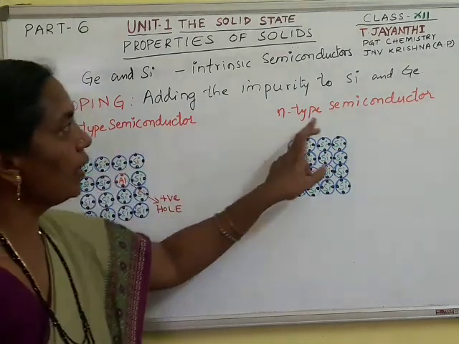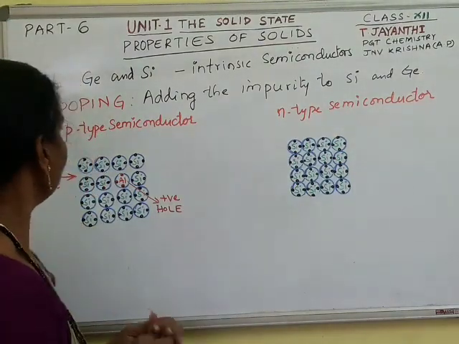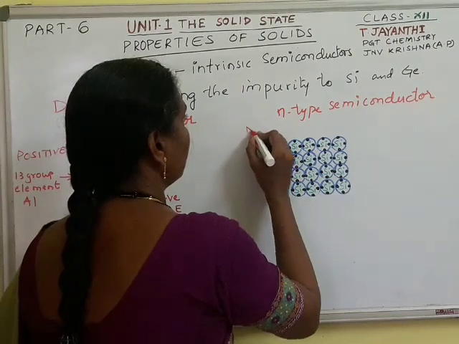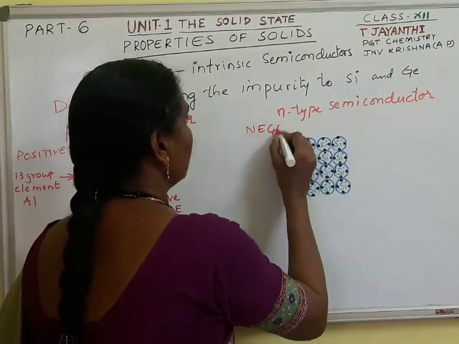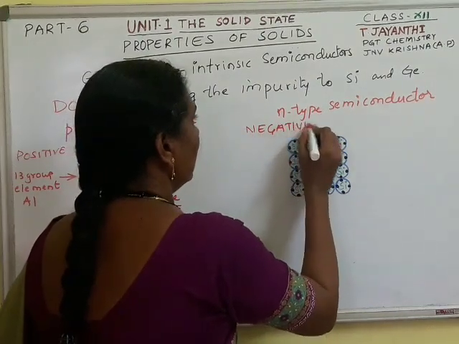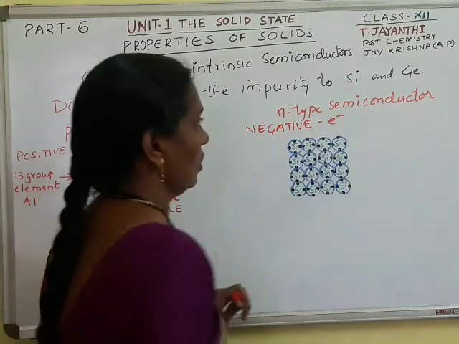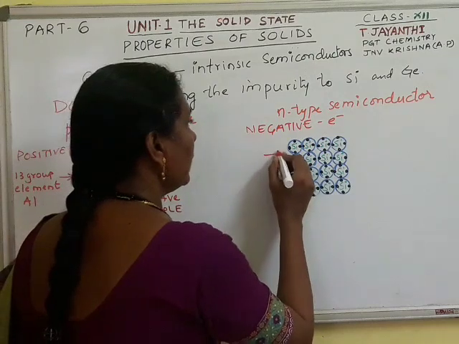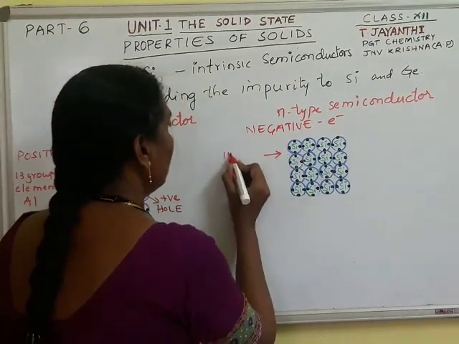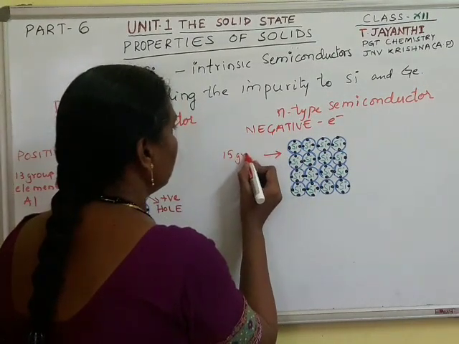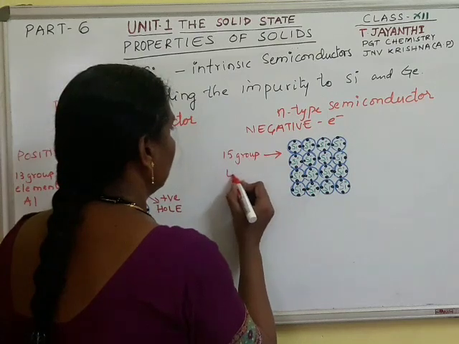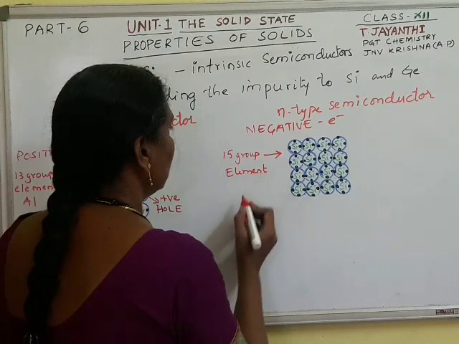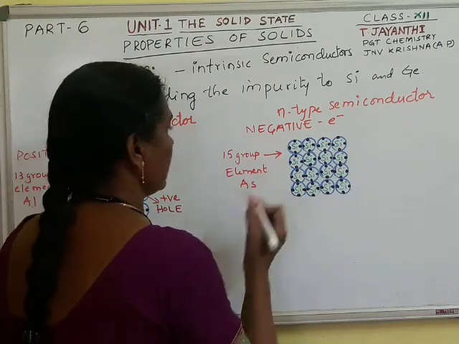Now in the case of n-type semiconductor, here n is negative, which is due to the electrons. Now how this is happening is, the semiconductor is doped with a 15th group element. Let us take for example arsenic.